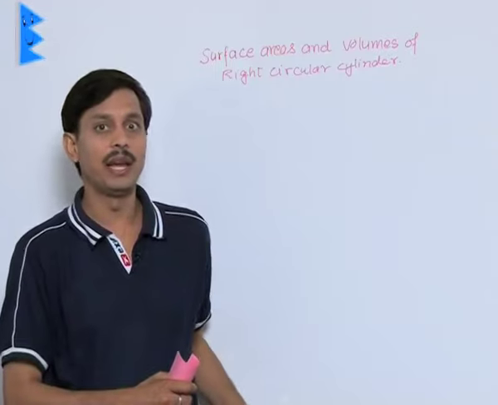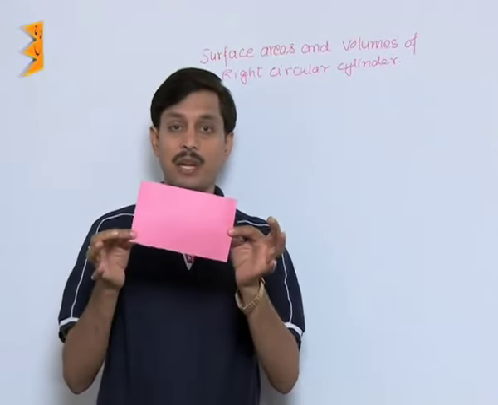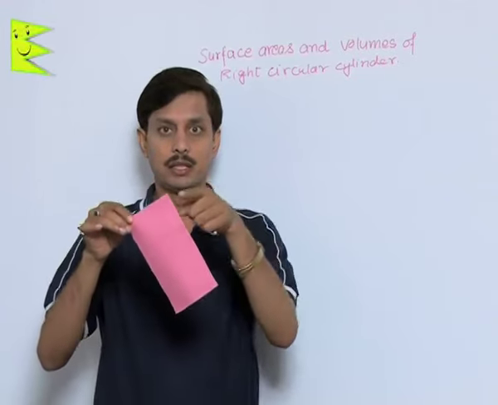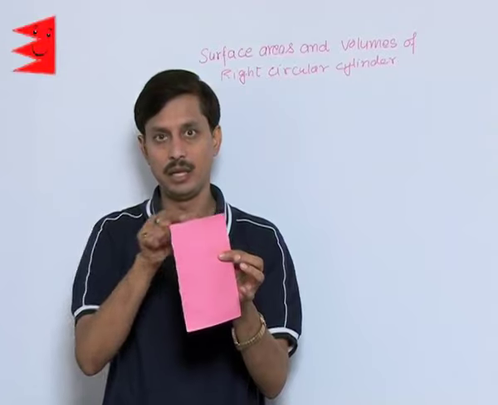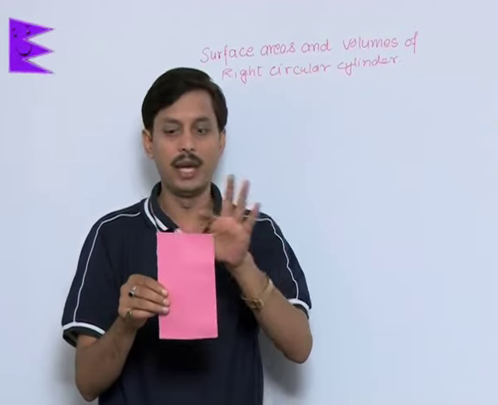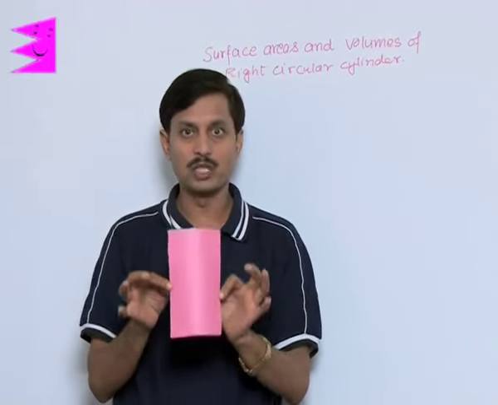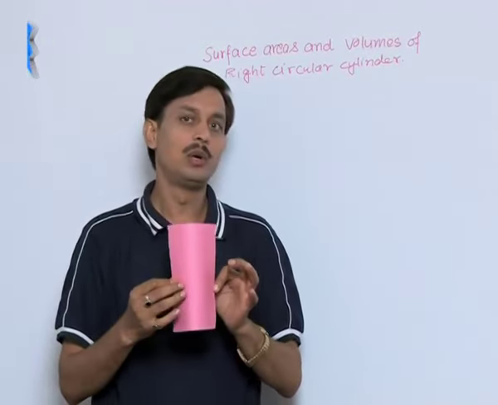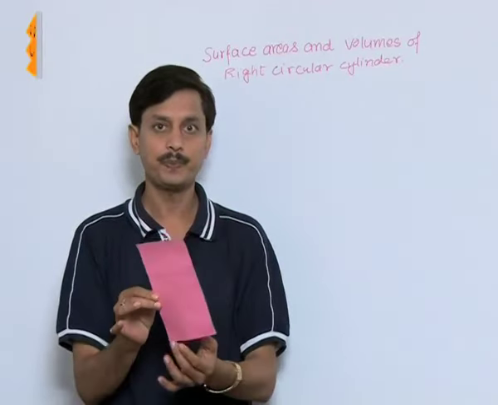If you have a rectangular piece of paper, as I have in my hand, suppose the length is L and breadth is B, or you can say length is A, breadth is B. There are 4 possibilities, 4 ways to make the cylinder with the help of this piece of paper.